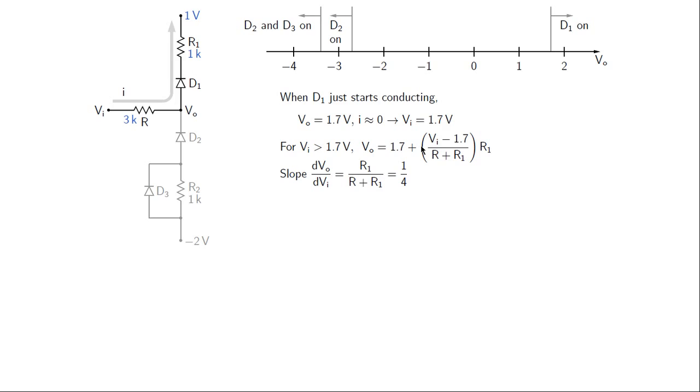So we get VO equal to 1.7 plus (VI minus 1.7) divided by (R plus R1) multiplied by R1. So that is the VO versus VI relationship in this region here. And what is the slope of this straight line? It is R1 divided by R plus R1, with R1 equal to 1K and R equal to 3K. This slope turns out to be 1/4.